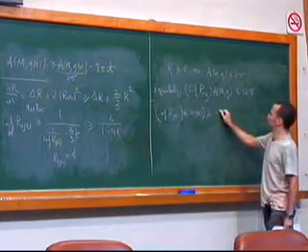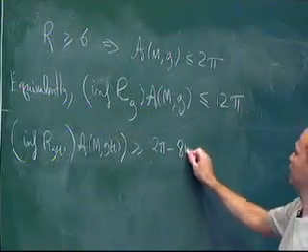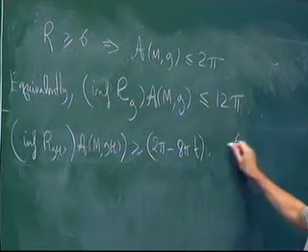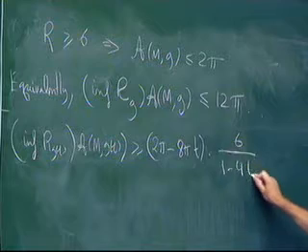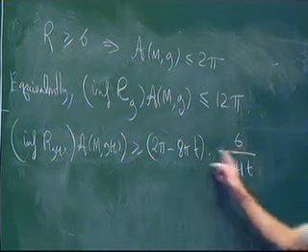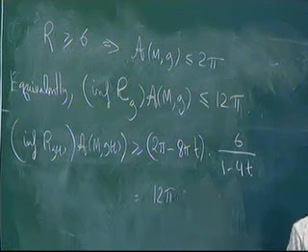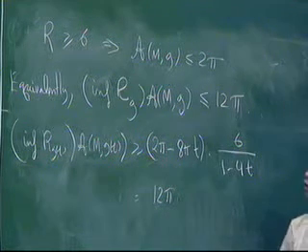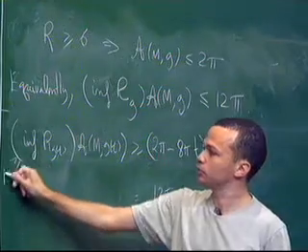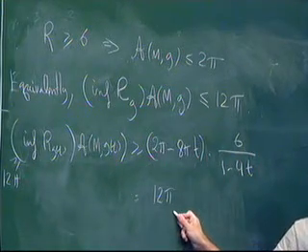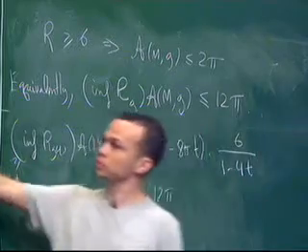So I get 2 pi minus 8 pi t times that, 6 divided by 1 minus 4t. So if you do the calculation, this is easily 12 pi. Right? On the other hand, we know that this is less than or equal to 12 pi. So you get equality.